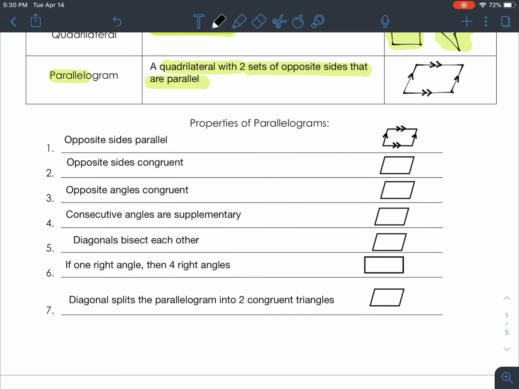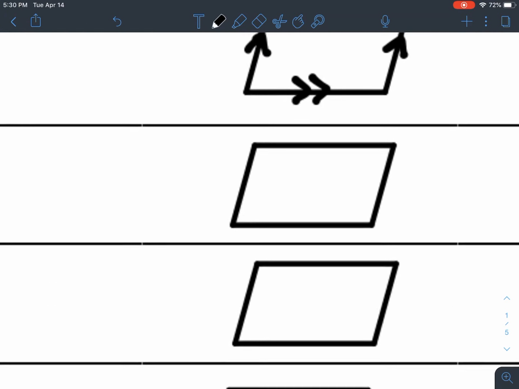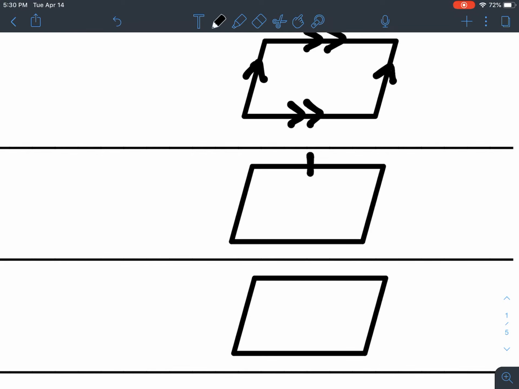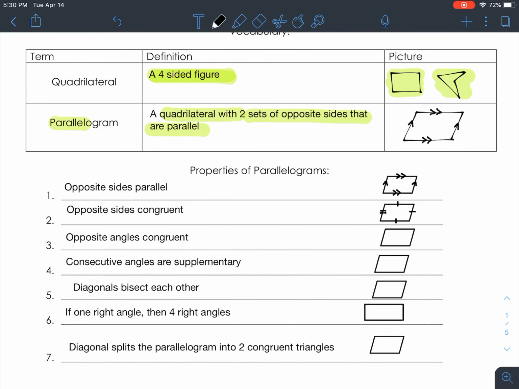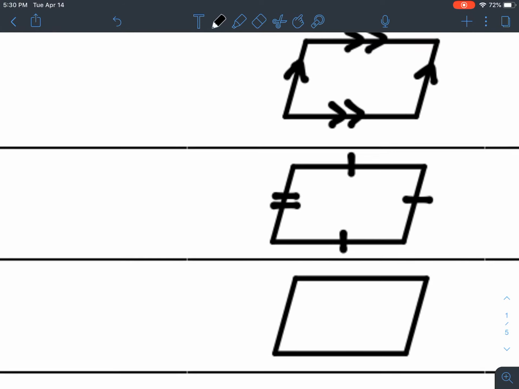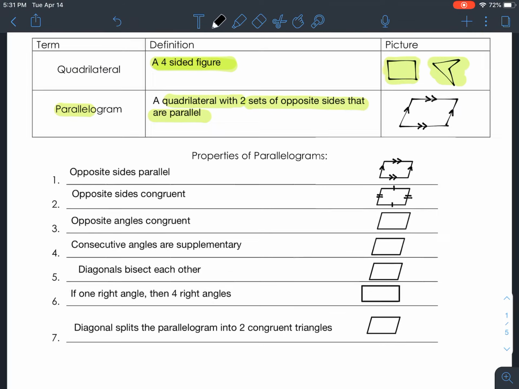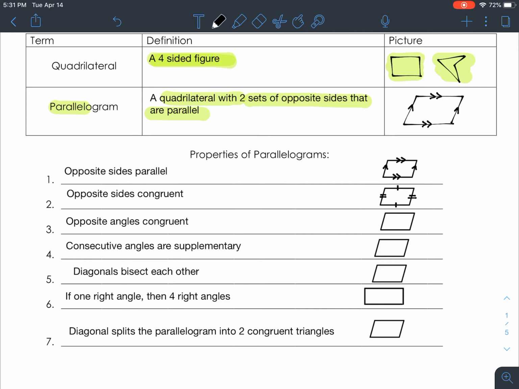I abbreviated that; I should have written 2 sets of opposite sides are congruent. So these 2 sides are congruent and these 2 sides are congruent. This is only true if we know that the quadrilateral is a parallelogram. If we don't know that it's a parallelogram, we can't make these inferences.